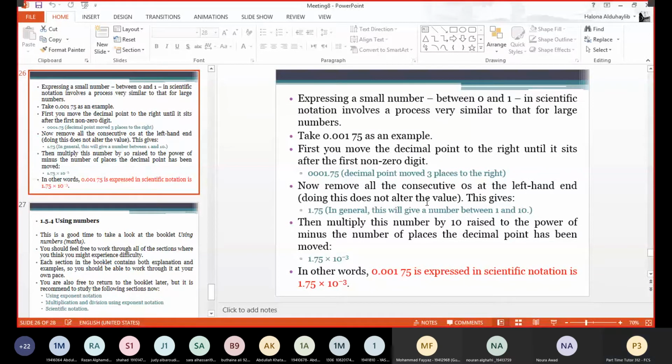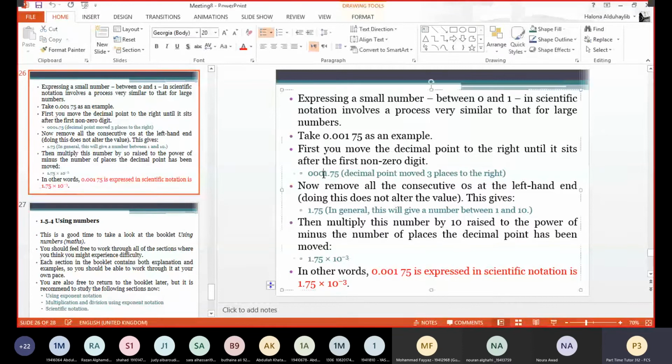Then you remove all the consecutive zeros at the left-hand end, with a power of 10 but with the negative value. Multiply this number by 10 raised to the power minus the number of places the decimal point has moved. So by the end, you will get the value 1.75 multiplied by 10 to the power of minus 3.